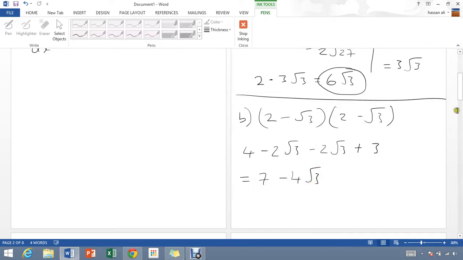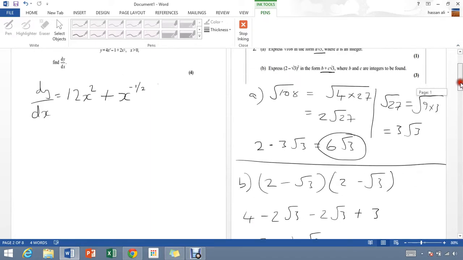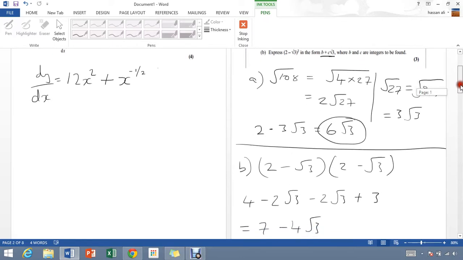Then they wanted it in this format, b plus c root 3, so b is equal to 7 and c is equal to minus 4. If you're struggling with this, go back and practice expanding brackets with surds in them.